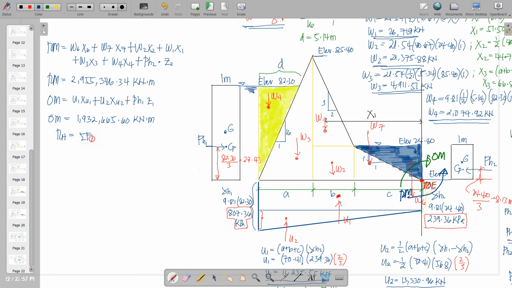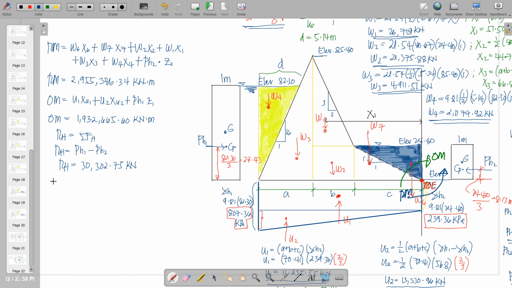So next is to determine RH, wherein RH is just equal to the summation of forces along the horizontal. Basically, for RH we only have PH1 less PH2. Therefore, RH here will be equal to 30,302.75 kilonewton.